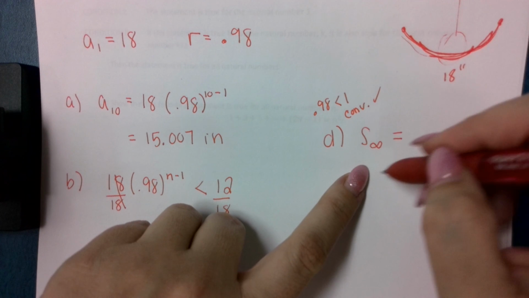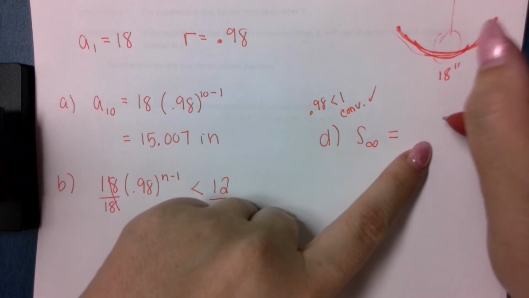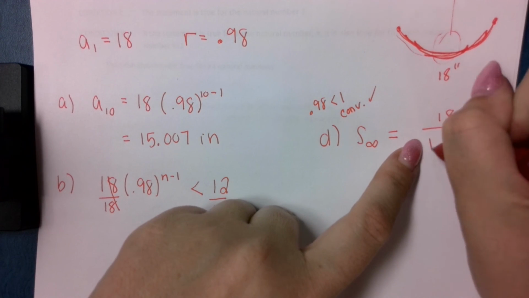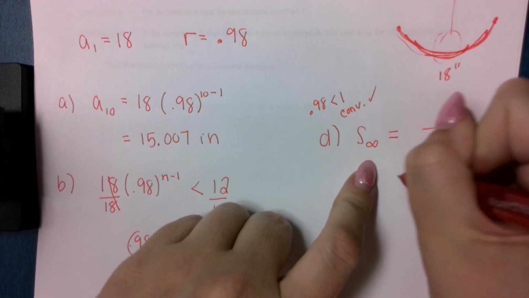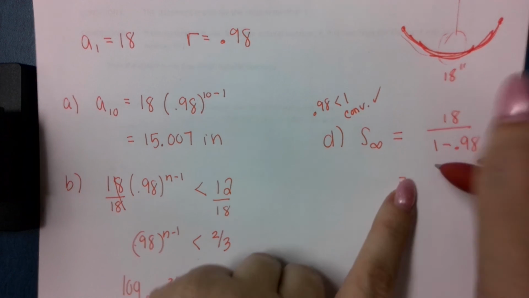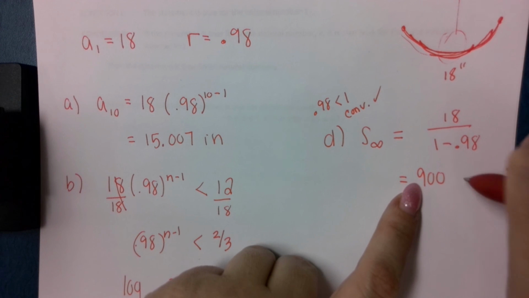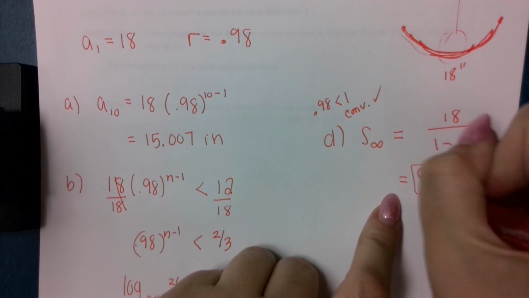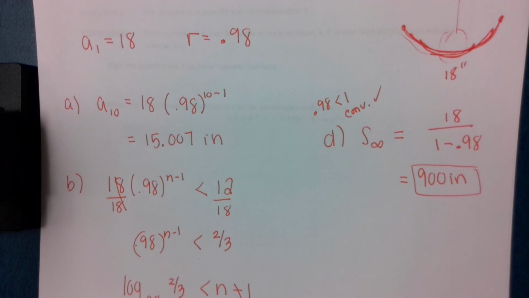So remember, this formula is a sub 1 over 1 minus r. That's going to give us the sum to infinity. So 18 divided by 1 minus 0.98 gives us 900. So by the time it stops, it's going to have swung a total of 900 inches.